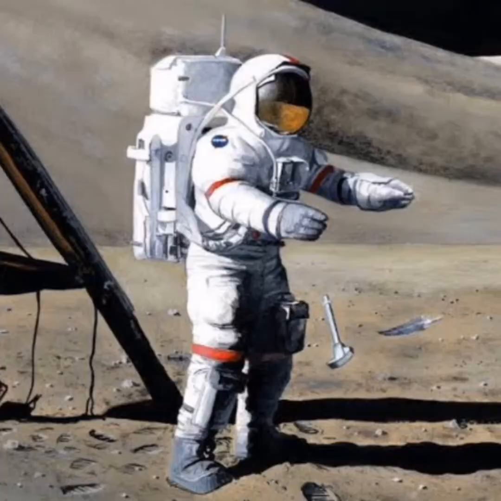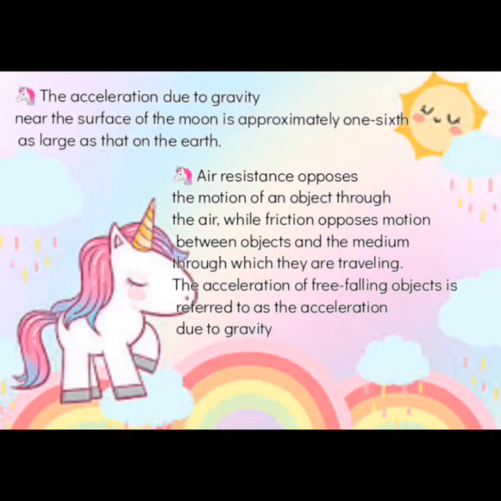Both experienced the same acceleration due to lunar gravity and consequently hit the ground at the same time. The acceleration due to gravity near the surface of the Moon is approximately 1/6 as large as that on the Earth.